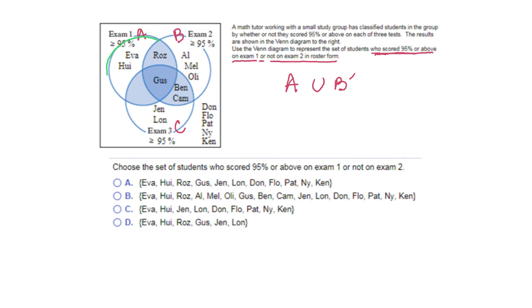I know that these names here are going to be included in my final answer: Ava, Huey, Ross, and Gus.